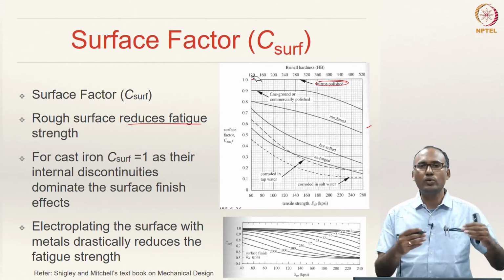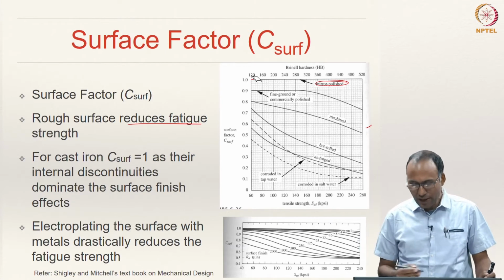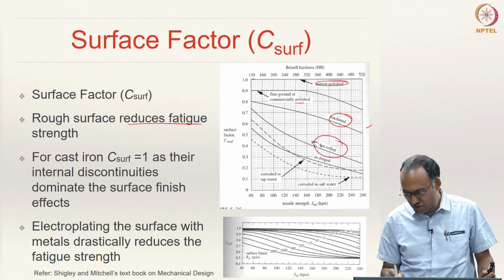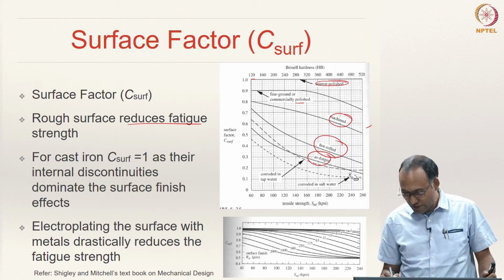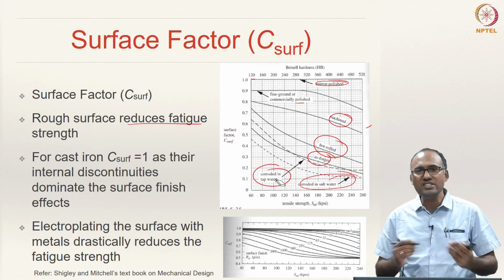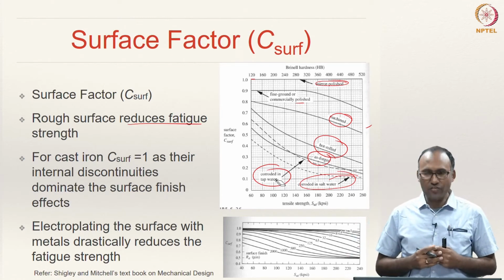That means you do not have to account for reduction in the fatigue strength, whereas for all others, for instance fine ground or commercially polished, machined surface, hot rolled surface, as forged surface, and sometimes a material that is corroded in water or in salt water, all these are going to contribute to the surface factor.